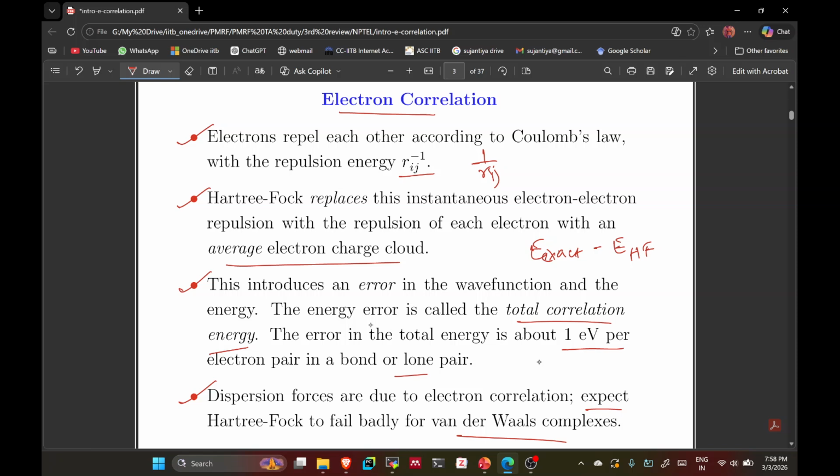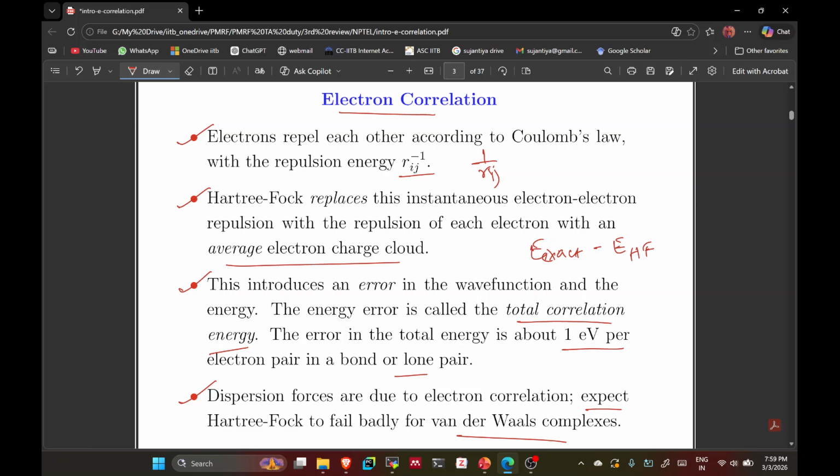So the dispersion force is nothing but the dipole-induced dipole interaction. In dispersion forces or van der Waals attraction, even if you have a symmetric charge, in a very small fraction of a second the electron densities are not distributed equally, so there is a kind of dipole present.